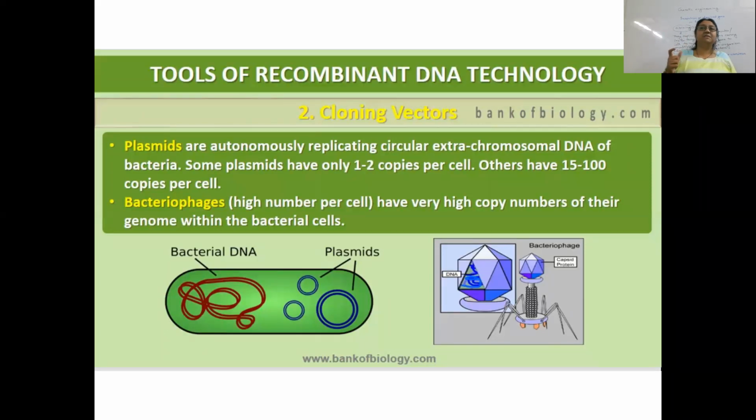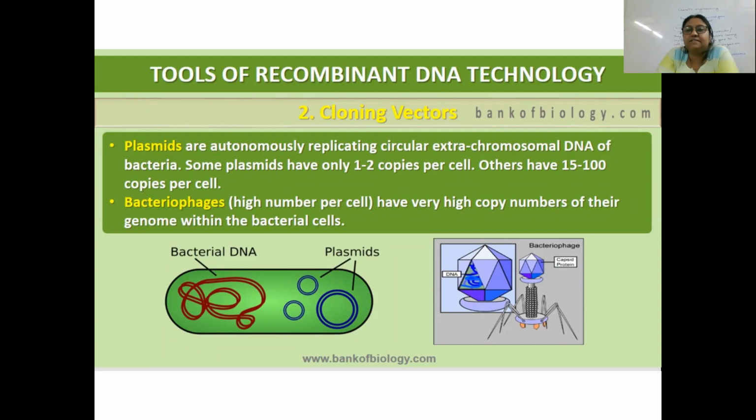So this plasmid, which is known as extra chromosomal genetic material, I said it is a small circular piece of DNA, can be used as a vector. ठीक है. So pBR322 is the plasmid isolated from E. coli and it was used as a vector.